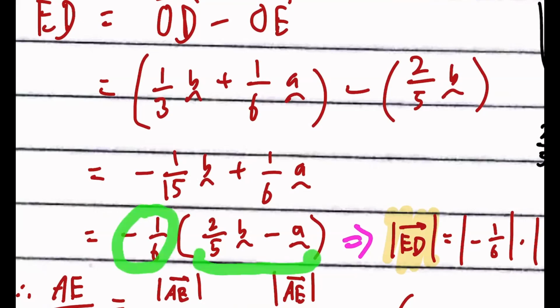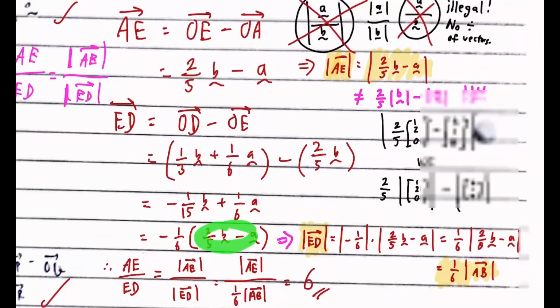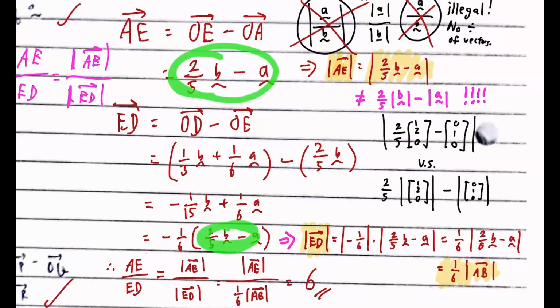What is so special about 2/5 B minus A? What is this? It's AE. So this is actually just negative 1/6 of vector AE. I skip a step: I take the modulus.